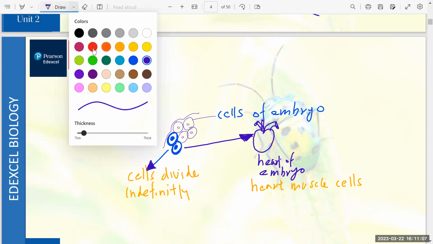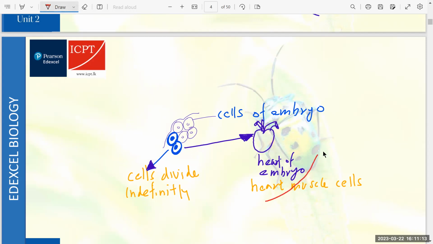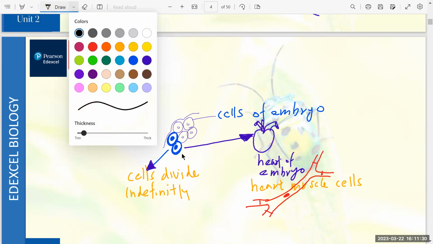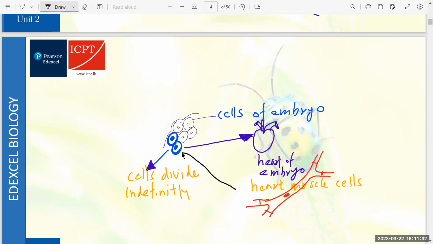So if the heart muscle cells are like this, so this is the heart muscle cell. Now this cell changed to this. This is called cell differentiation.